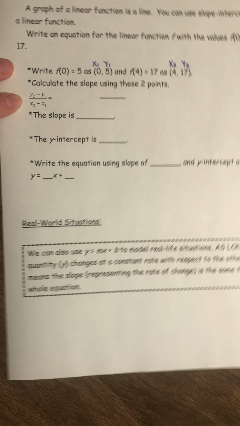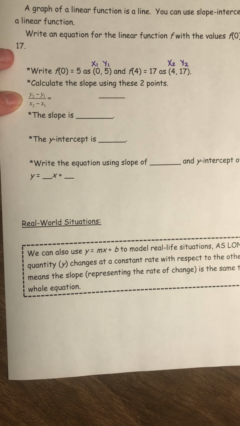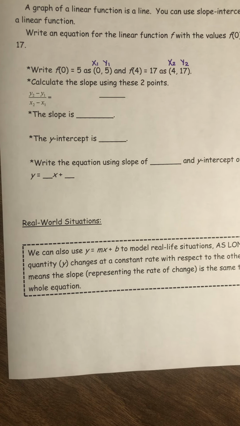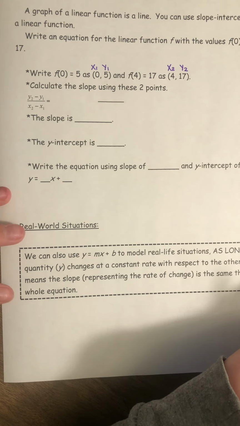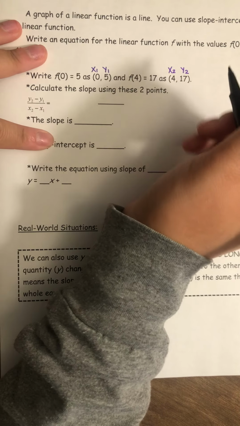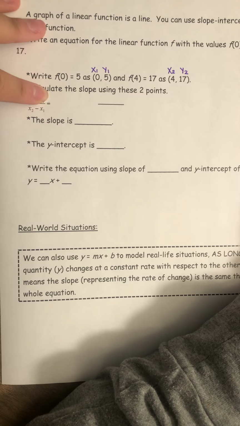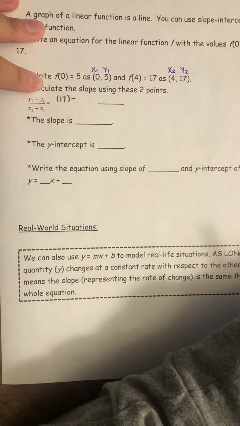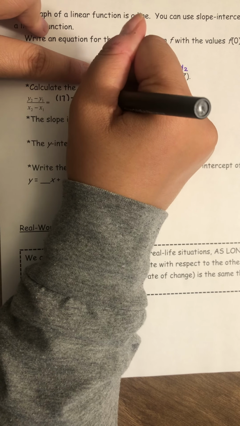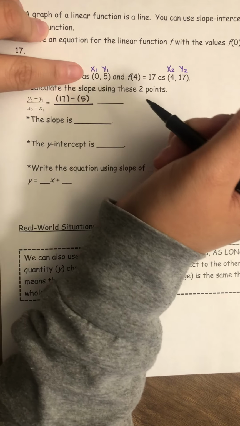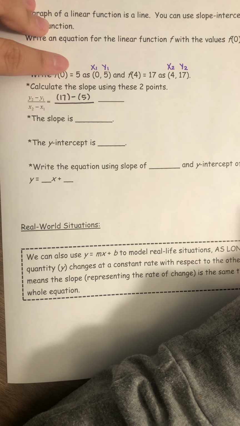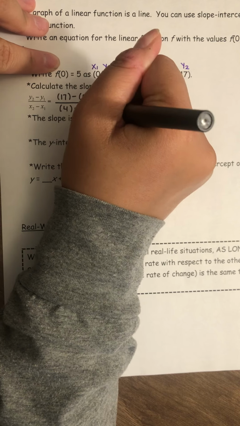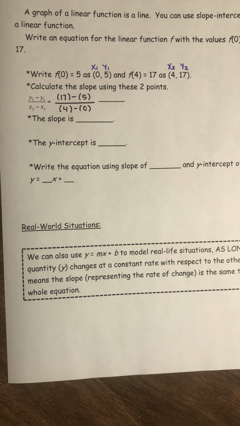And again, we're going to use this formula here, y2 minus y1 over x2 minus x1. Okay. So I will go ahead and substitute in my values. So y2 is 17 minus y1, which is 5. And then x2 is 4 minus x1, which is 0.